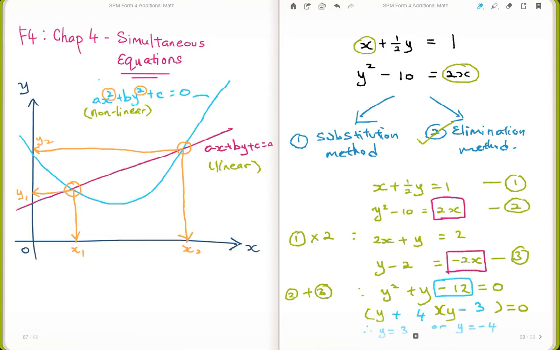You may use your calculator to get these two values, 3 and negative 4. Next, once you know what y is, you substitute into the linear equation.